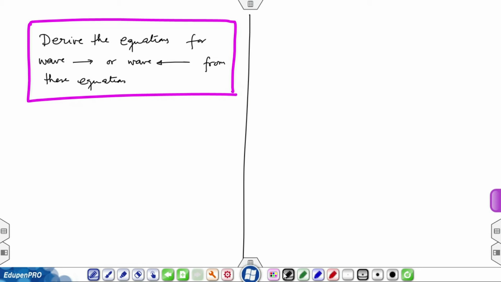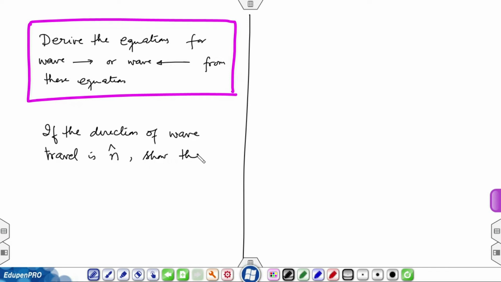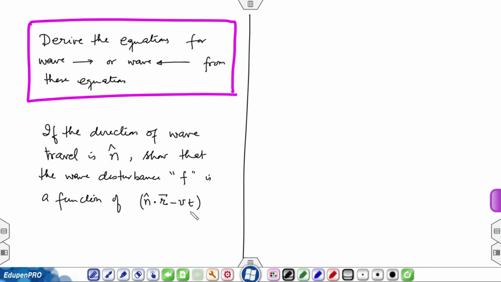Another question I want to leave for you is, if the direction of wave travel is given by unit vector n, show that the wave disturbance f is a function of n dot r minus v t or n dot r plus v t, depending on which way it is moving.